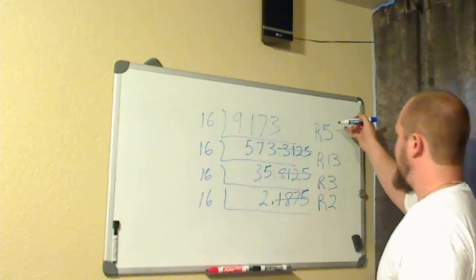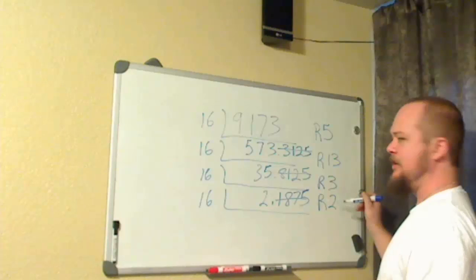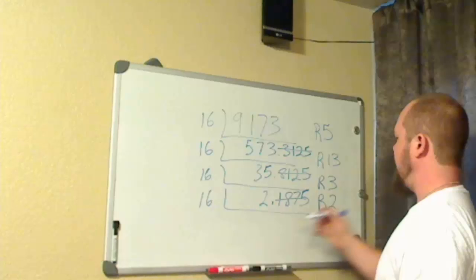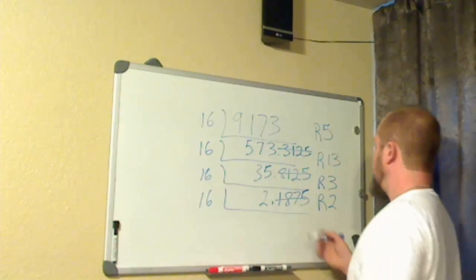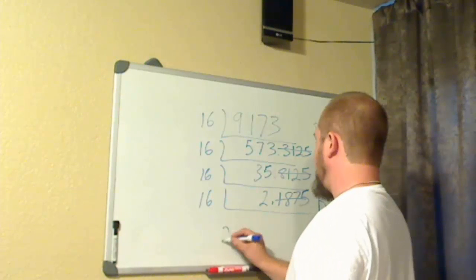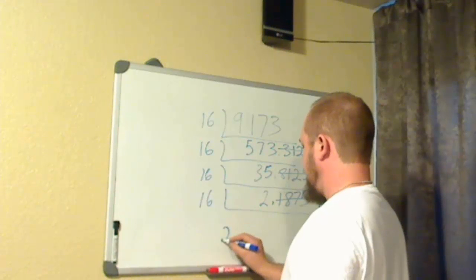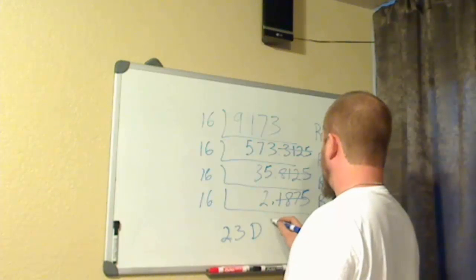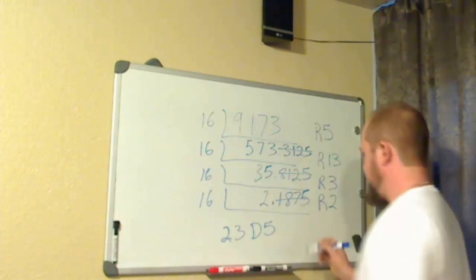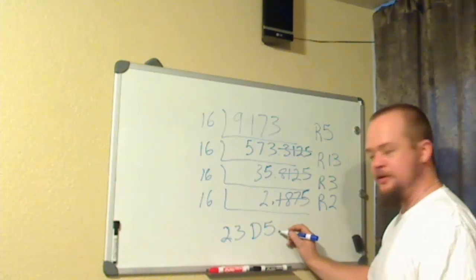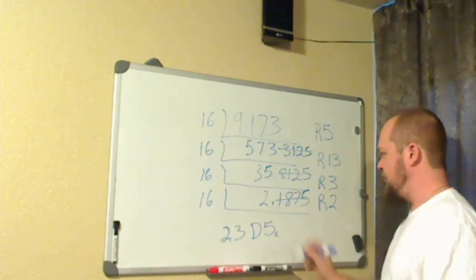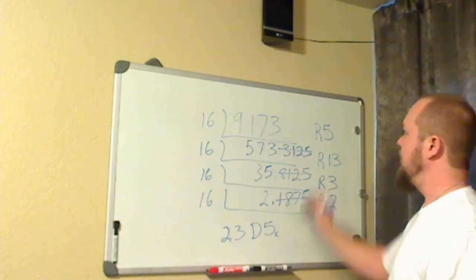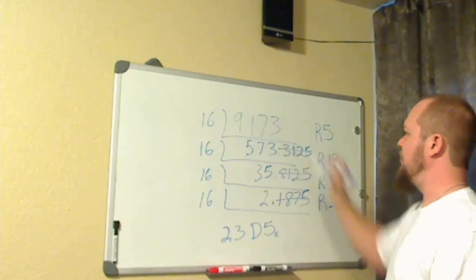So the bottom number here is our most significant digit. The top number is our least significant digit. From bottom to top and left to right, we will have 2, 3, D, 5. If you remember from the hexadecimal part of this tutorial, the letter D represents 13. So 23D5 is the equivalent to 9,173 in decimal.